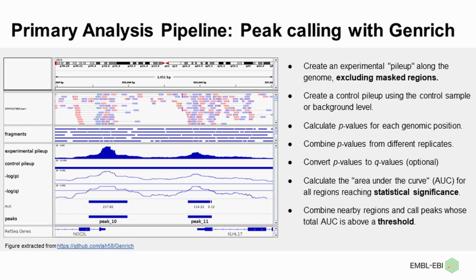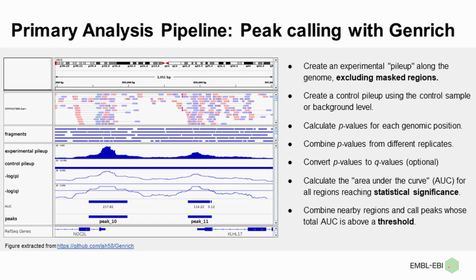At that point, one interesting feature is that we can exclude some genomic regions that we know can be masking our real peaks. Then it does the same for the control replicates if we provide them, as can be done in a ChIP-seq experiment. And if we don't have control replicates, it estimates a background noise level from the same experimental replicate.